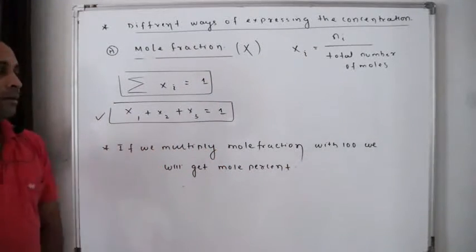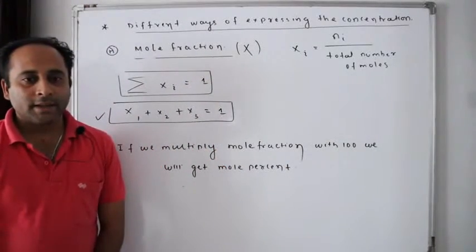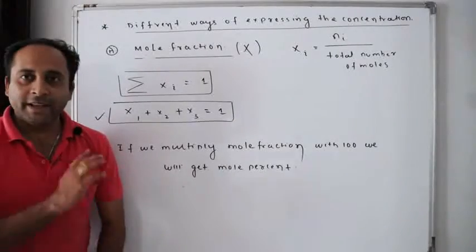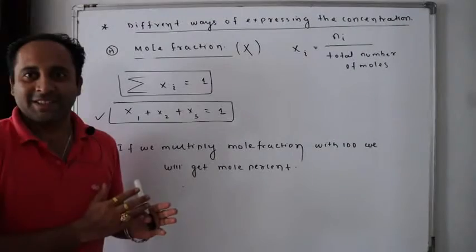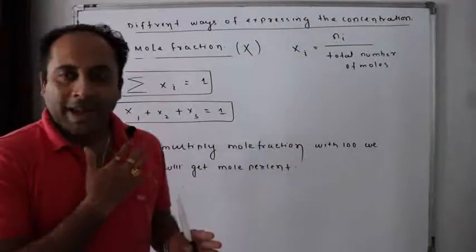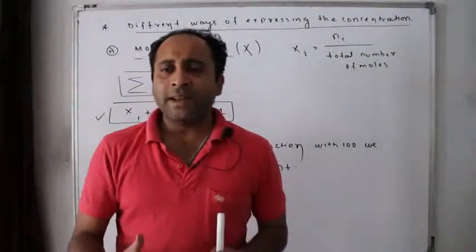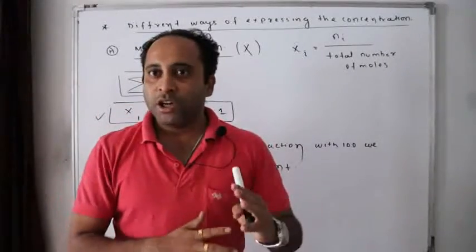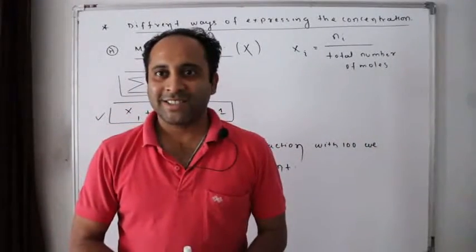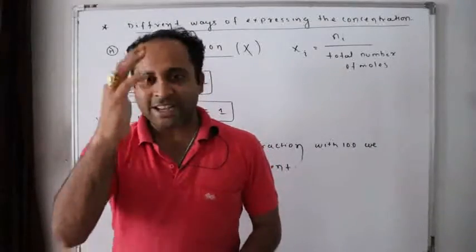We'll get what? Mole percent. Clear? Is it very clear? This was the first method of expressing the concentration. My target is to explain the amount of a solute in a solvent to give the solution. Right? Now, the next method.